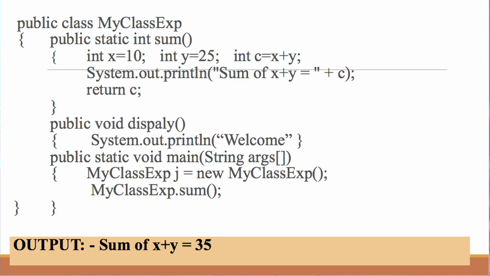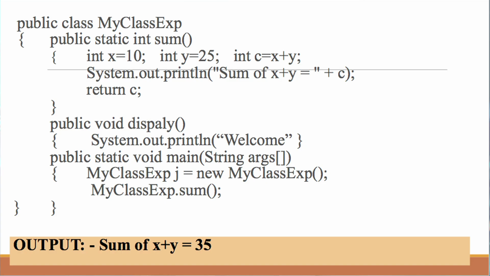So sum is a static method, while display, public void display, is a normal method, it is not static. Static is not prefixed with this display function in the line of its prototype. In display function we are printing the value of welcome, writing this statement System.out.println welcome.